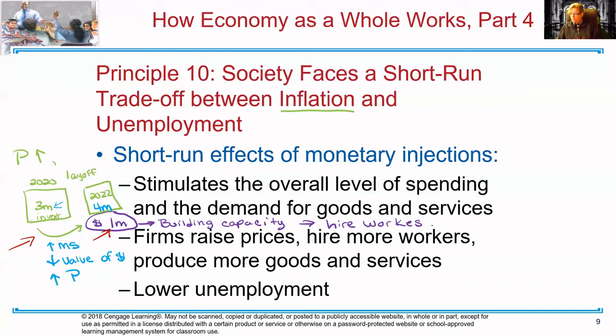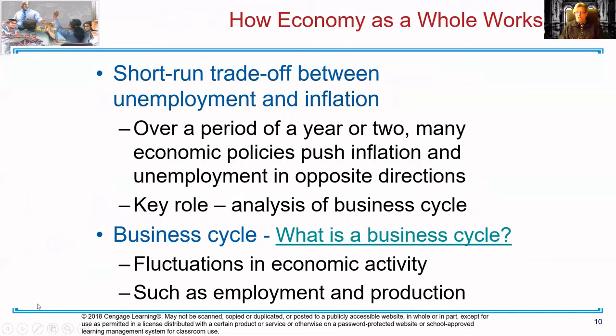And when they hire the workers, that's going to decrease unemployment. Now, again, this is just a simplified example, but we're going to learn a lot more about how this process works. Okay, again, short-run trade-off between inflation and unemployment.